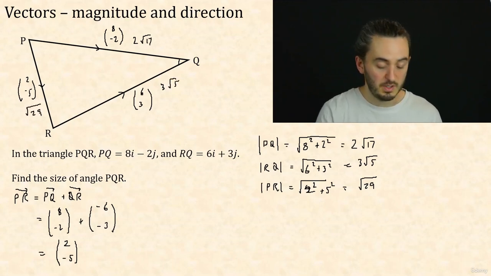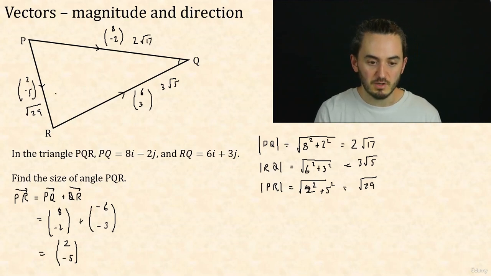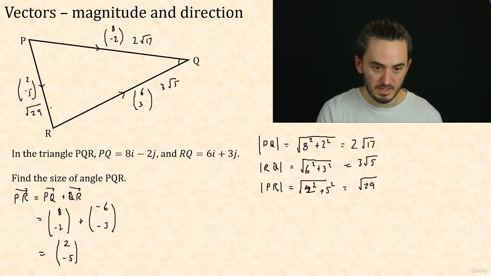I can do the cosine rule because I've got the 3 known lengths. So specifically I know this length here, this length here. I'm looking for the angle between them and I can set it up in terms of that.